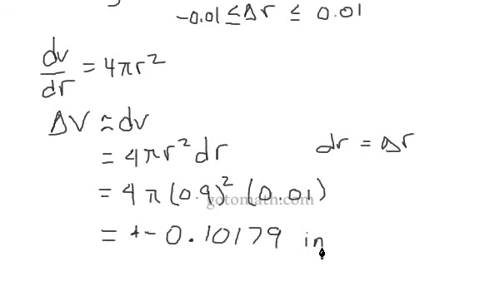We were in inches, so this is going to be cubic inches, because we're talking about volume here. And this is an approximation sign, so we can bring that delta V right on down through here.